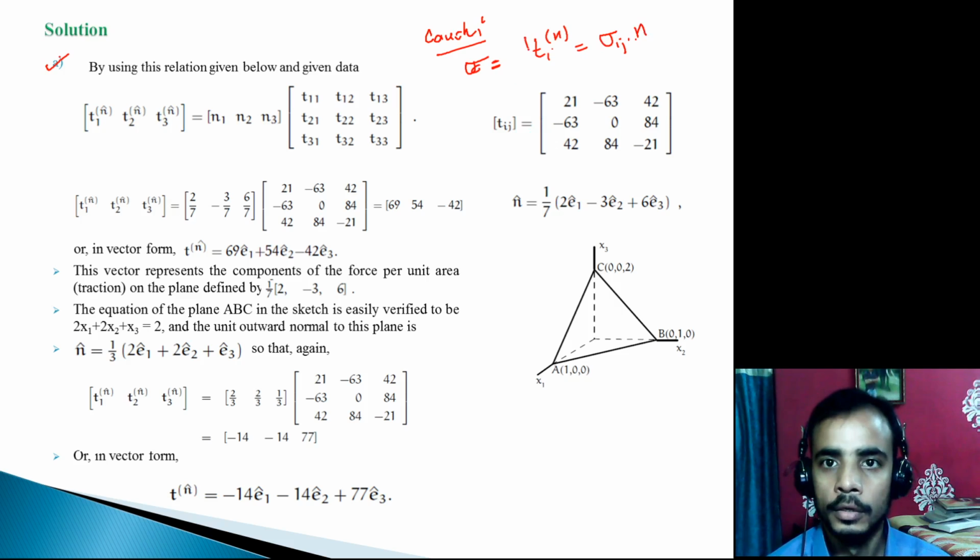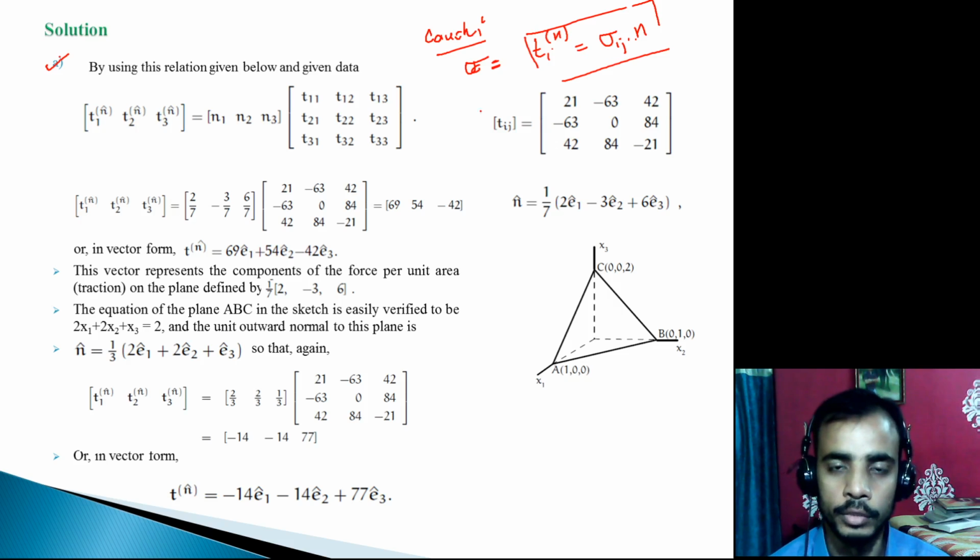So this is the Cauchy relation. So by using this relation we can solve this problem.